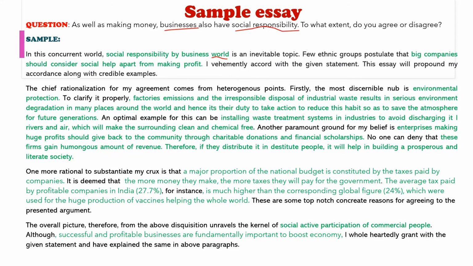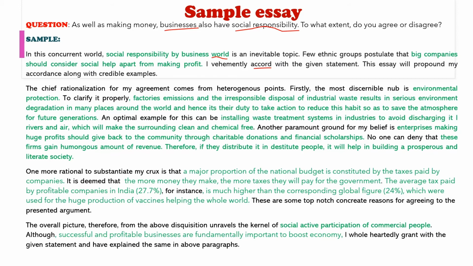So it's a paraphrased version. And then I am saying I accord. Okay, I vehemently accord with the given statement. If you don't agree, you will say I vehemently disaccord with the given statement, and this essay will propound my accordance with credible example. Then I am going to explain, give example, and support that thing.